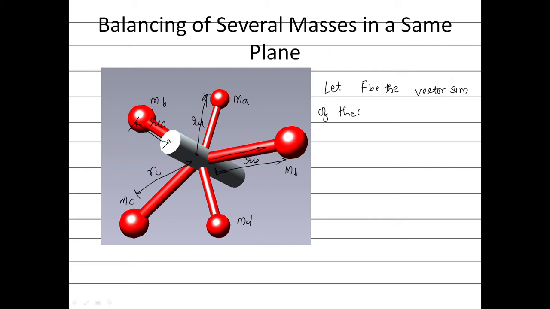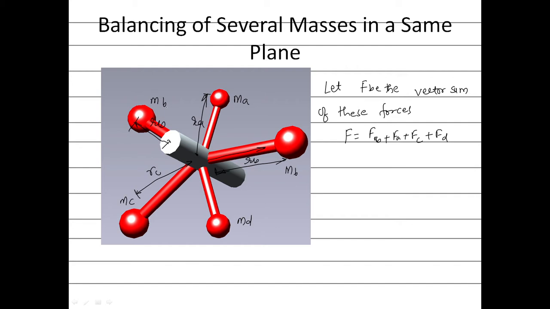So F is equal to the summation of FB, FA, FC, FD.